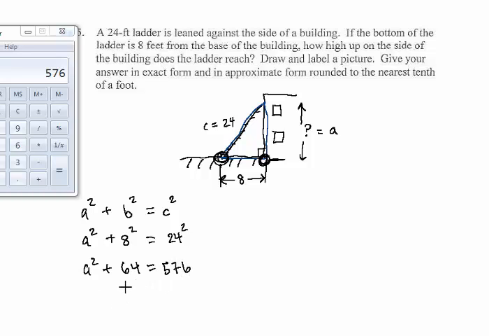We want to get the a squared isolated before we take the square root, so we subtract 64 from both sides. We end up with a squared equals 512. And now to get the a by itself, we take the square root.